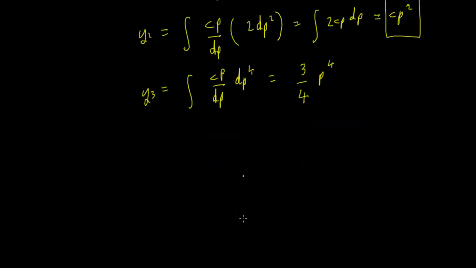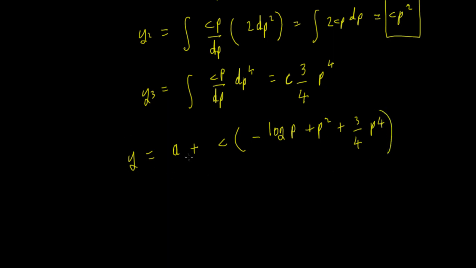So in the end, y is going to equal, well, there's our constants of integration, but we've not put those in above, so we'll just add them in. Plus our factor of c there as well, that c is still in here. We're going to have c times minus log of p plus p squared, plus 3 upon 4 p to the power of 4.